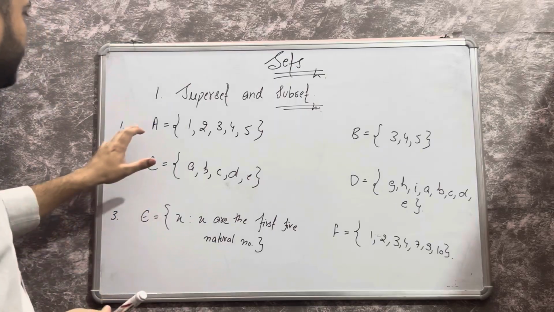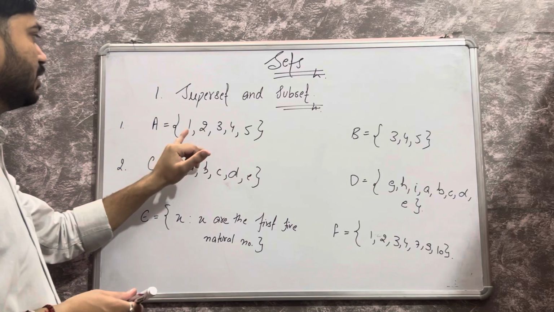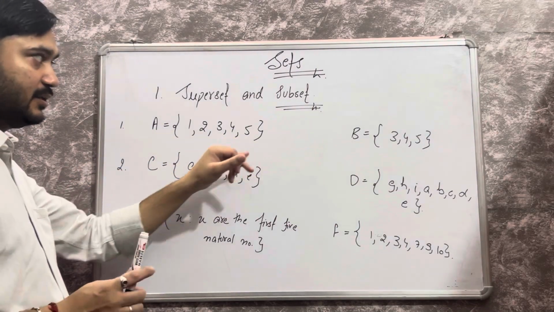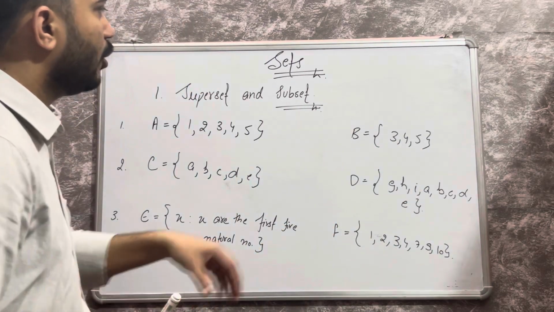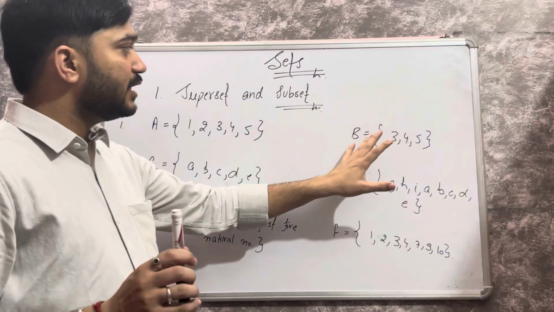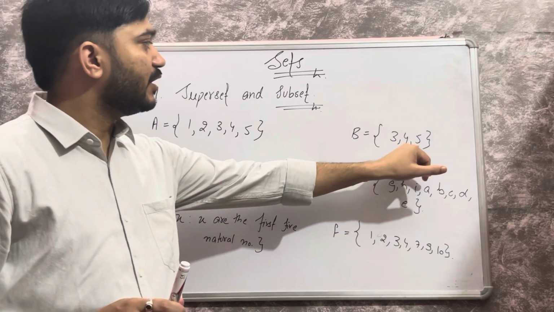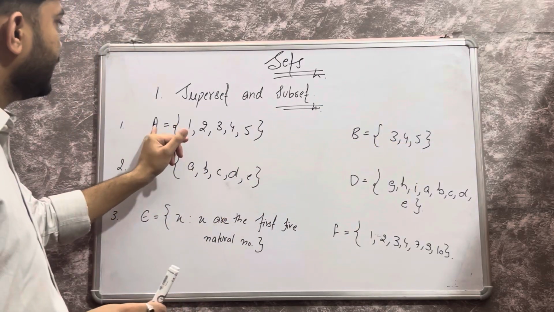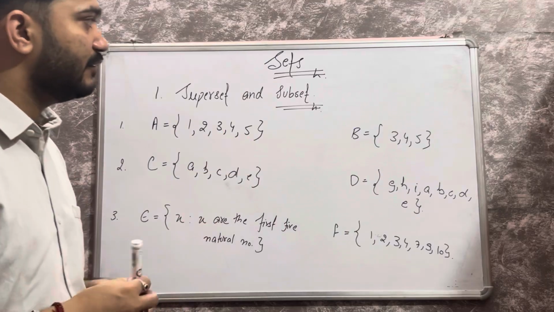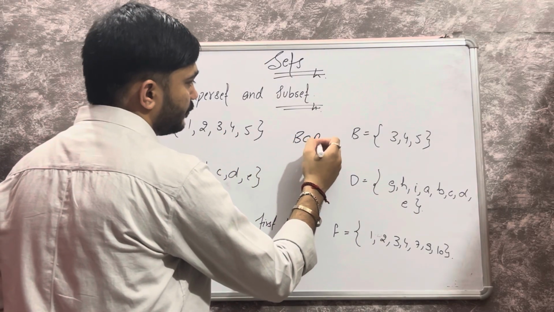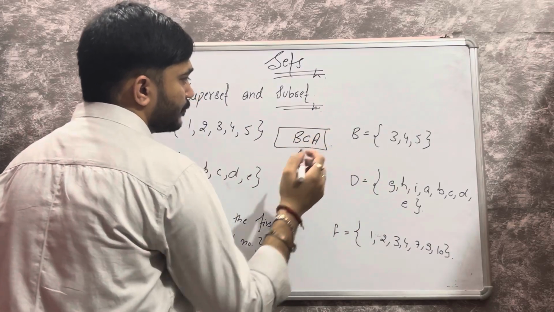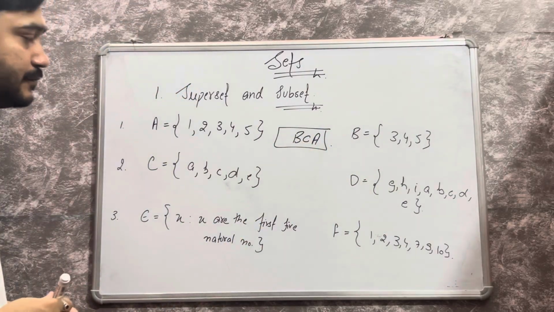Now in the first example we saw A as {1, 2, 3, 4, 5} and B as {3, 4, 5}. Here we can see that all the elements in B, that is 3, 4, 5, are present in set A. So we write that B is a subset of A. Any doubts?